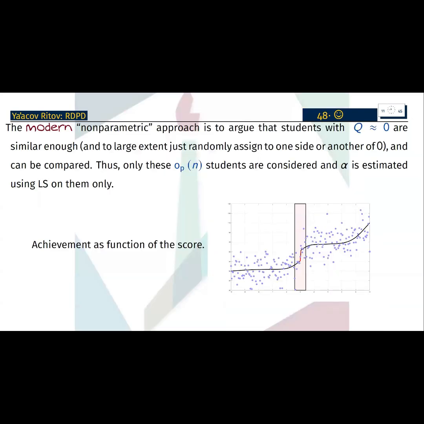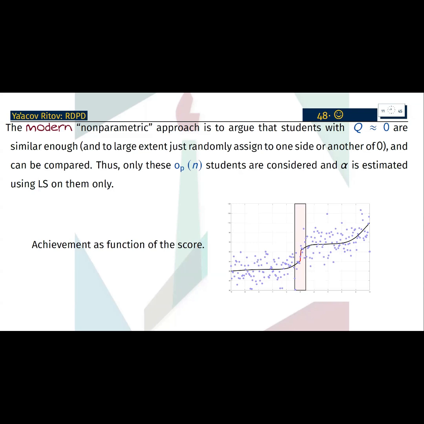Okay, what is what I call the modern non-parametric approach? The standard argument says like that. Students which are near the threshold, which without loss of generality would be considered to be 0, are similar enough, and to a large extent are sort of randomly assigned to one side of the threshold.